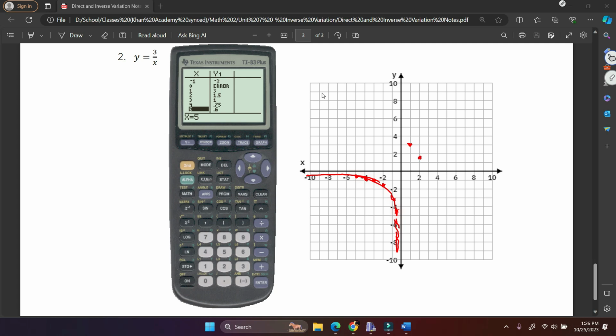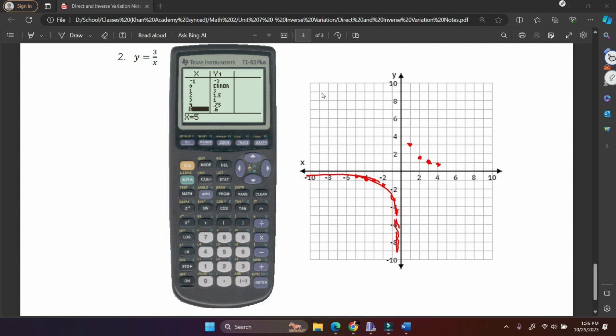Should be about there. Our next point is 3, 1, so I'm going to go over 3, up 1, about right there. Next is 4 and 0.75, so right 4 units and up 3/4 of a unit, about right in there.